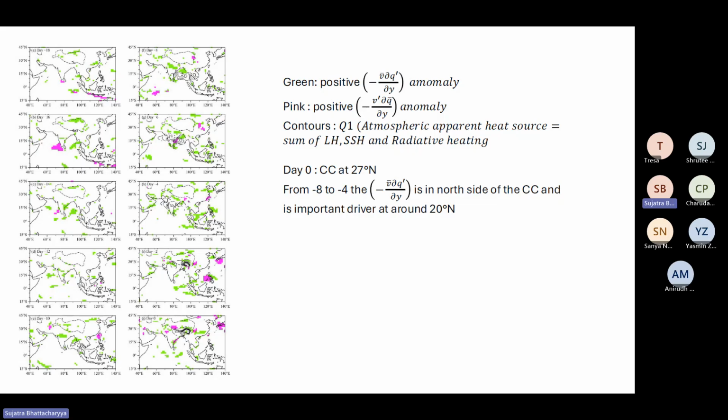Whenever there is a region with the positive heat source, there is convection going because of the heating. So the contour reaching 27 degrees north is called day 0, and it shows that when this convection center is around 15 degrees north, this green term is ahead of the convection center, which becomes the driver of the northward propagation of the convection center until 20 degrees north.